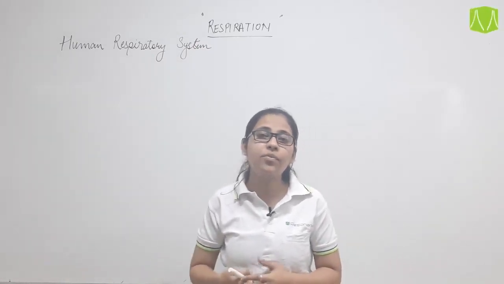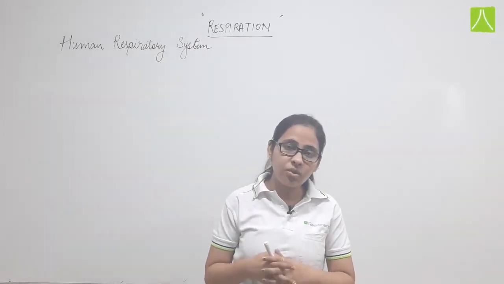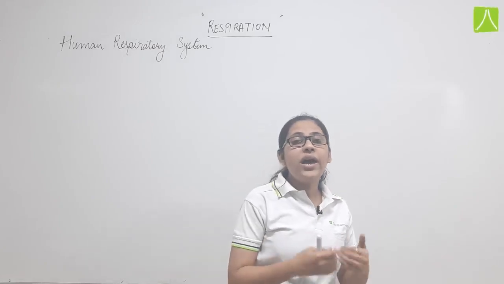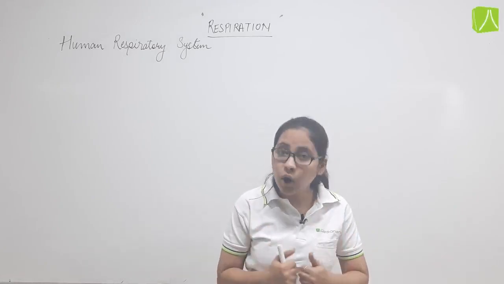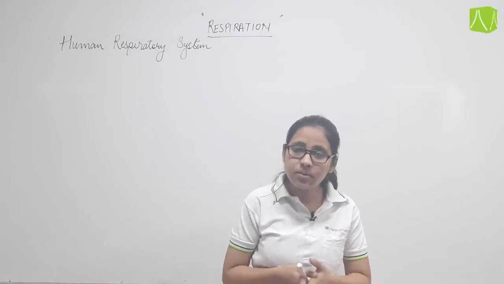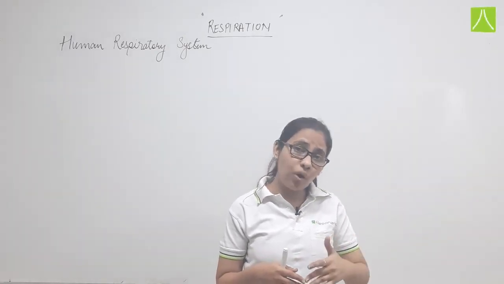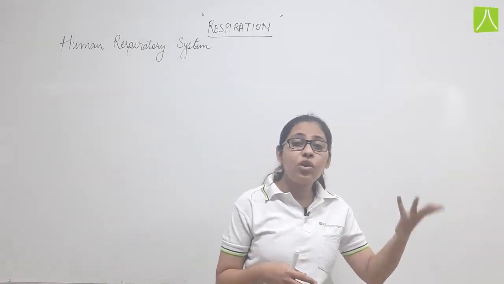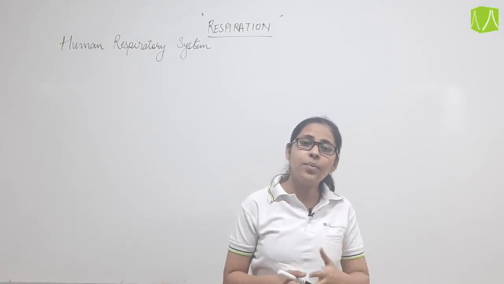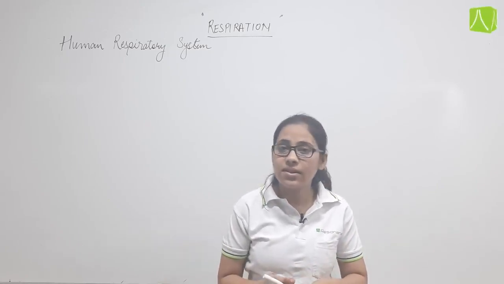It is a system of different parts or organs which participate in inhalation and exhalation, which helps in inhaling oxygen and exhaling carbon dioxide in humans. So we will study the different organs which are involved in respiration, which combinedly form the human respiratory system.